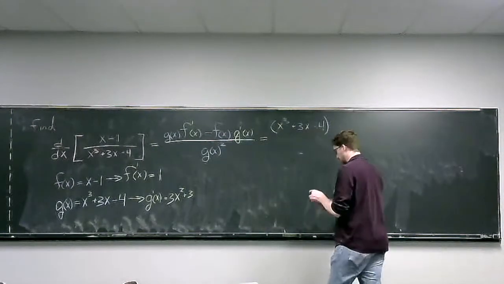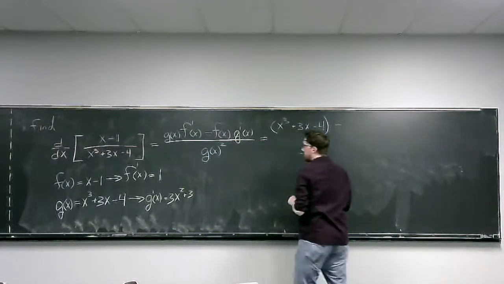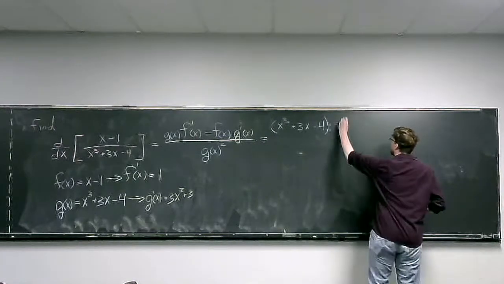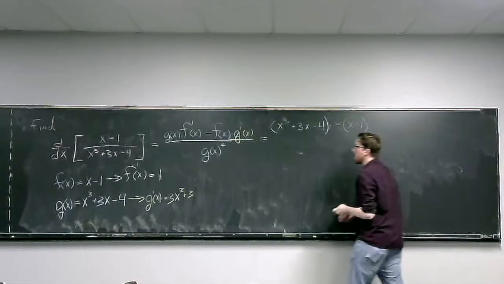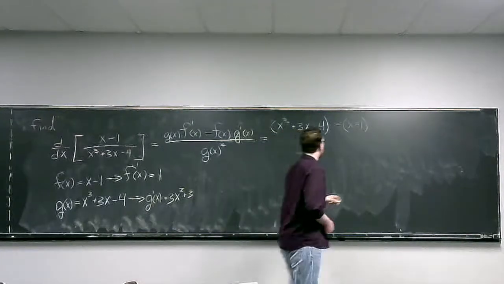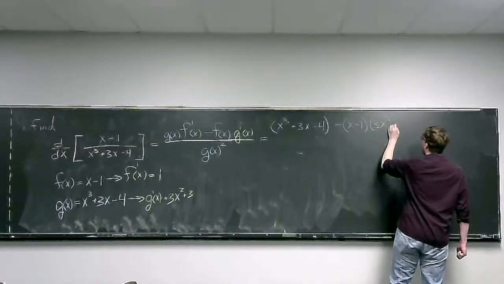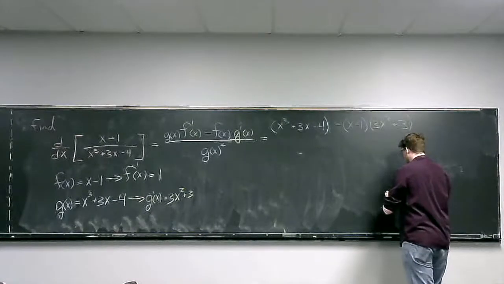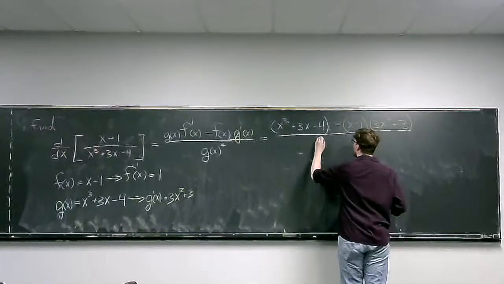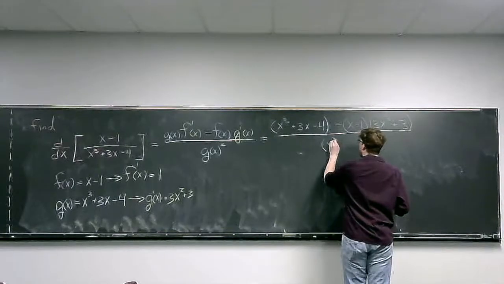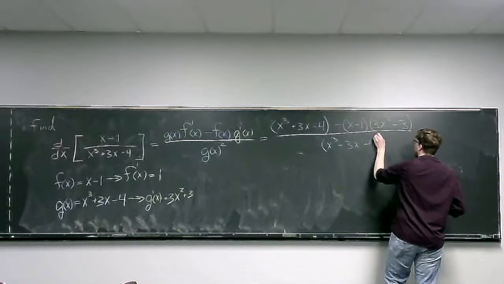Don't worry about it anymore. Now, moving on to the next part, we have f of x, that was x minus 1, times g prime of x, which is 3x squared plus 3, and all of this divided by x cubed plus 3x minus 4, that quantity squared.